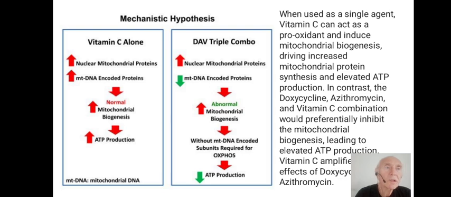And they need more mitochondria, of course, in this case. But the triple combination of these antibiotics and vitamin C will block the mitochondrial biogenesis, and then it leads to higher production of reactive oxygen species, and also blocks production of energy in the hyperactive cells, and it works that way.